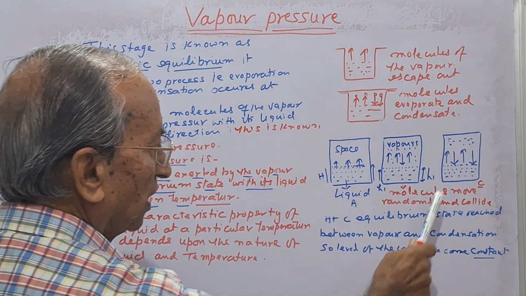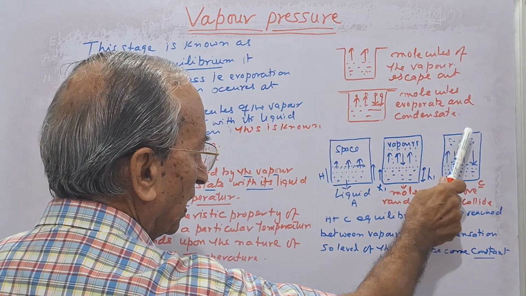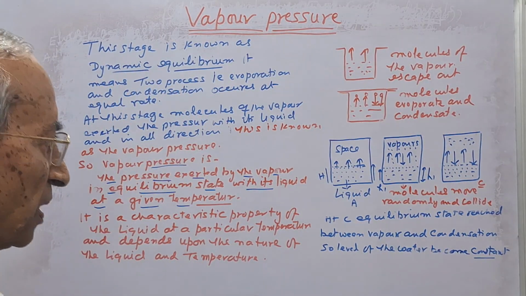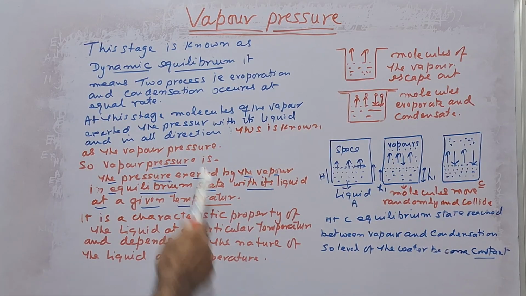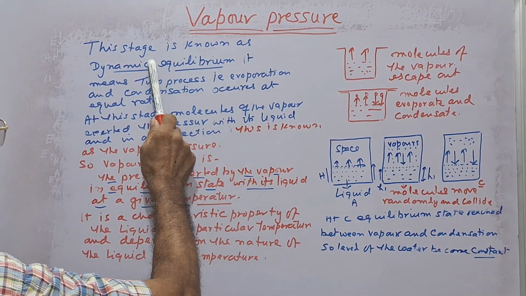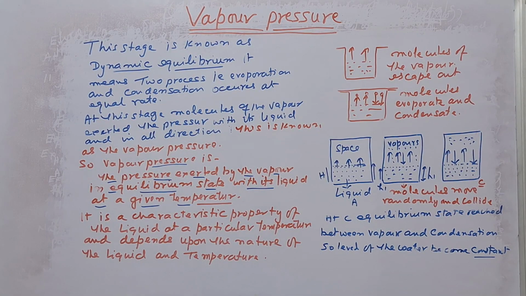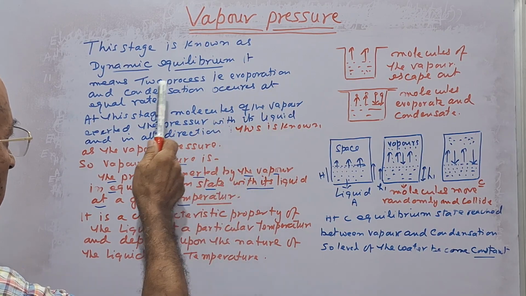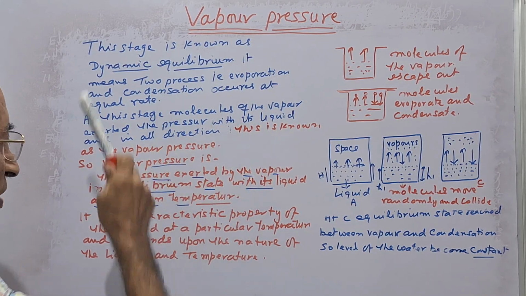So when the rate of evaporation and the rate of condensation become equal, this stage is known as the dynamic equilibrium. It means two processes, evaporation and condensation, occur at an equal rate.